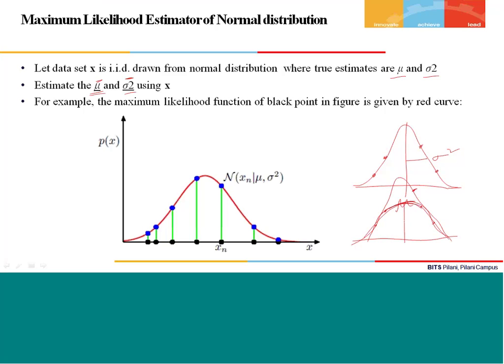Whatever mu and variance this gives is my maximum likelihood estimate of mu and sigma square. For example, the maximum likelihood function of the black points. I already showed this in a figure. These are the black points, and this is the maximum likelihood distribution.